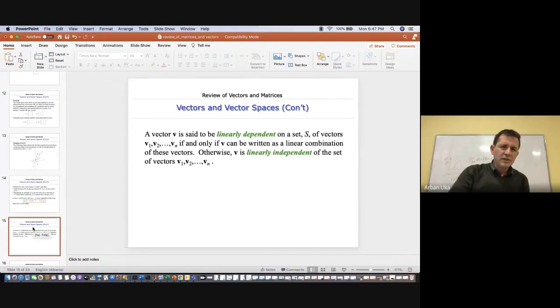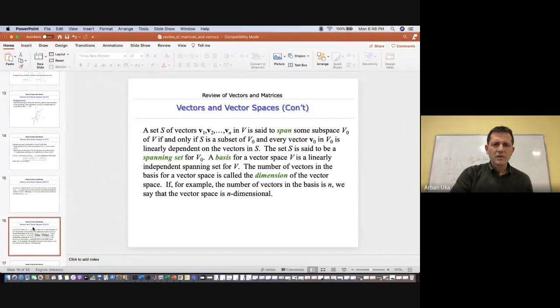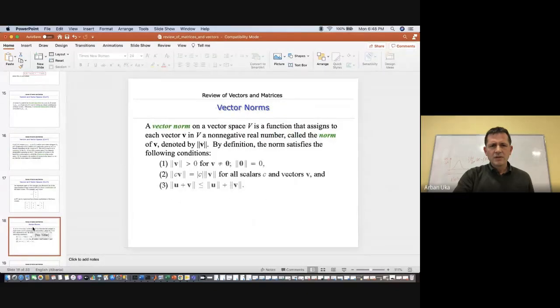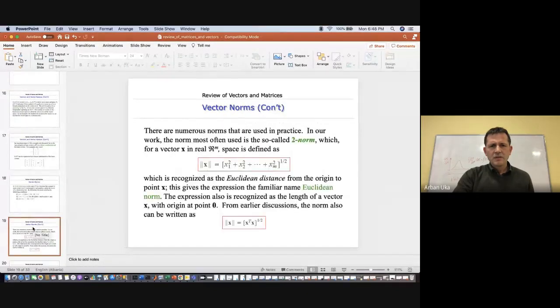Now, this aspect of vectors is not very directly relevant to our topic that we are discussing. This is pure linear algebra with limited application directly in image analysis. This is the vector norms, but okay.